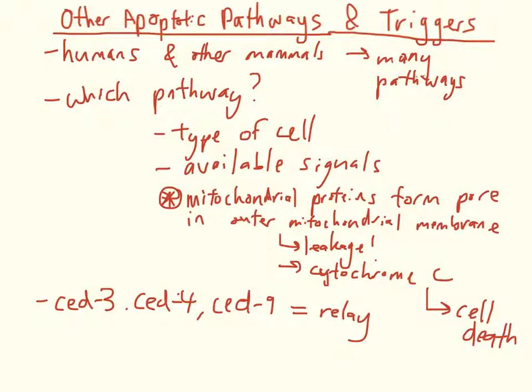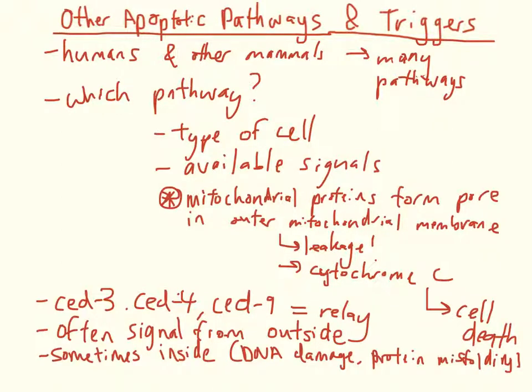And often the signal for cell death will come from outside the cell. Remember the example that we just covered where you had that little red ligand that binds to the blue receptor and that causes cell death? Well, the signal for cell death can also come from inside the cell.